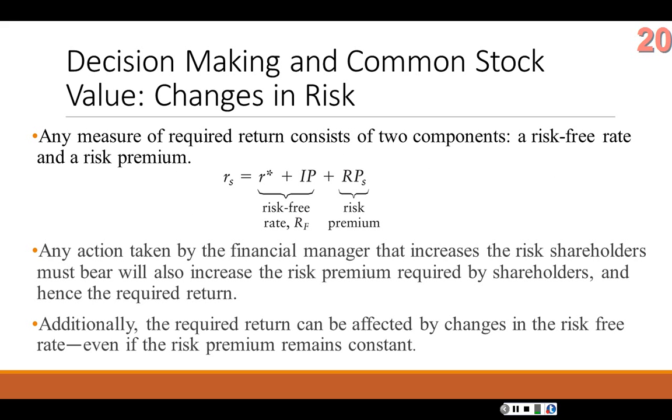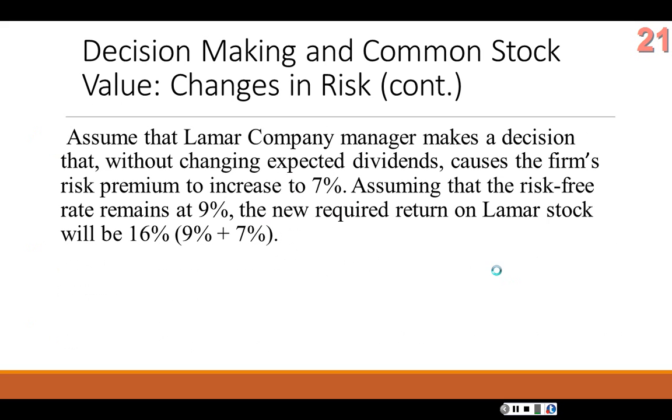But any decision can also change the risk. Remember, the risk is equal to the risk-free rate plus a risk premium. If the company takes actions that are going to increase the risk premium, that can also have an impact on stock price. So let's assume that the new required return is 16% because the risk premium has increased.